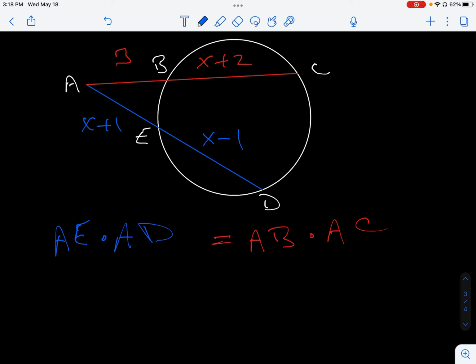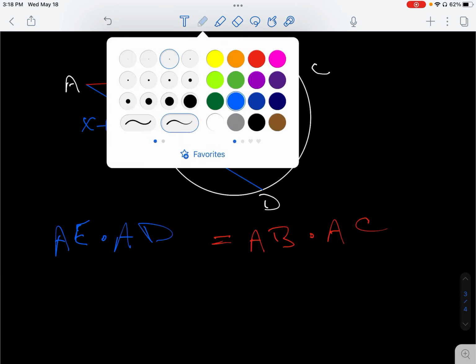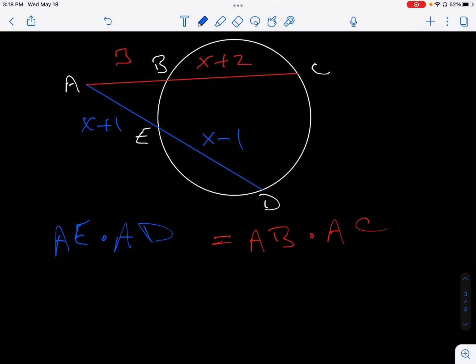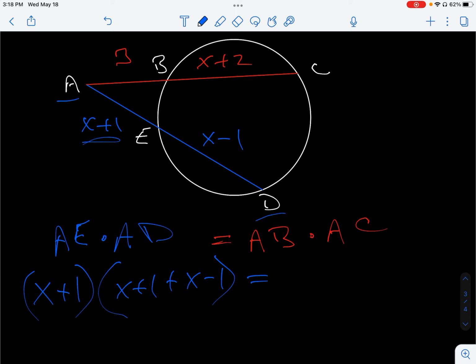And it's good to write it out this way and then substitute to help keep track of where everybody belongs. So AE is x plus 1, and we're going to multiply that times AD, which is x plus 1 plus x minus 1.